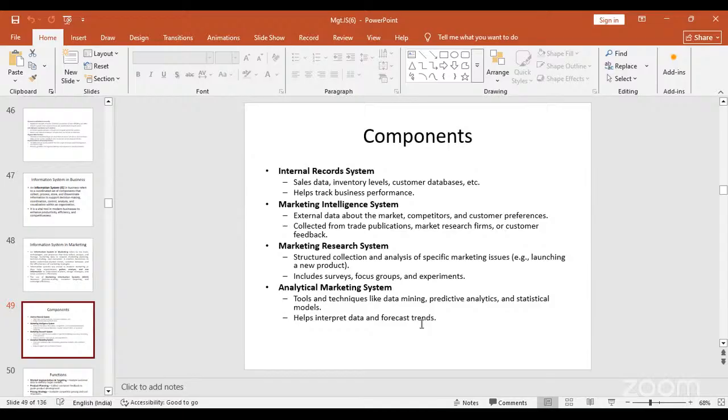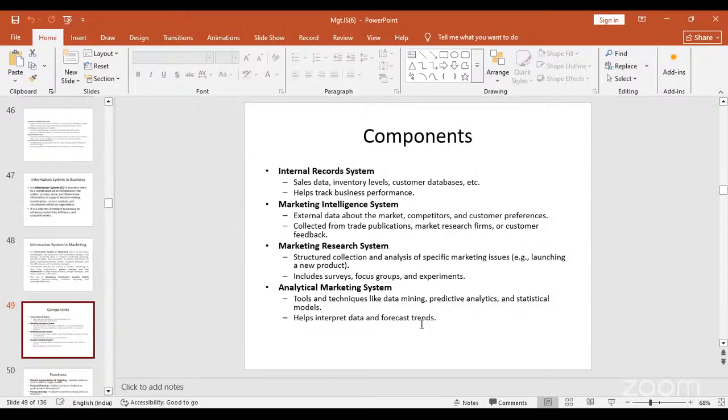So first is our internal record system. That is a component from internal data, which the information system will take. Then the marketing intelligence system, that is from the market, the external data from the market.